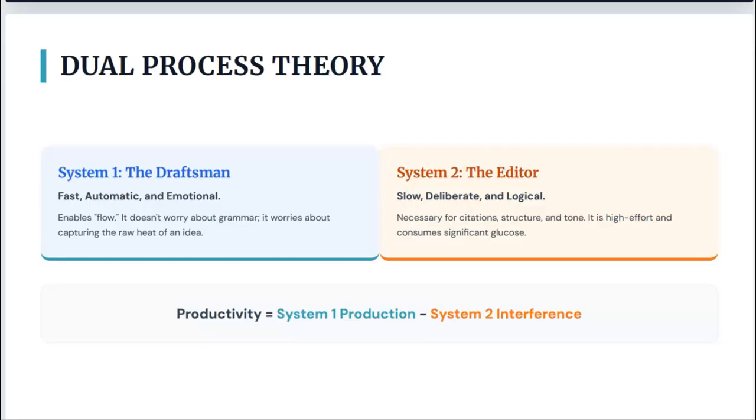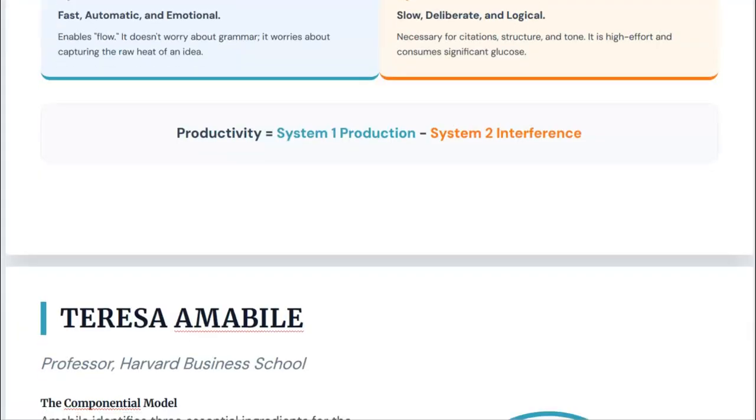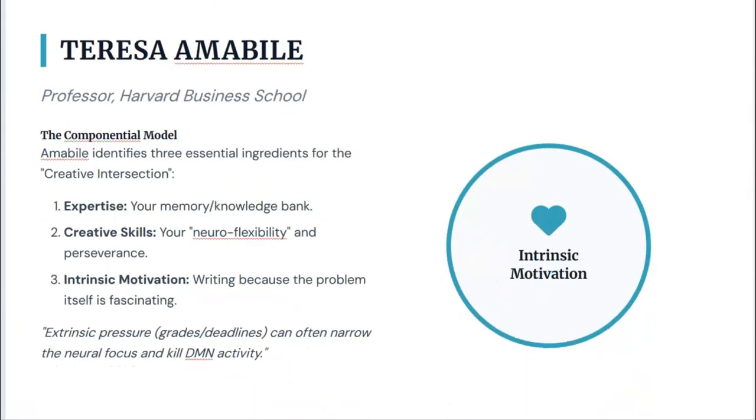Why? I usually don't even like them. So I think my brain was craving glucose. Productivity equals System 1 production and System 2 interference.